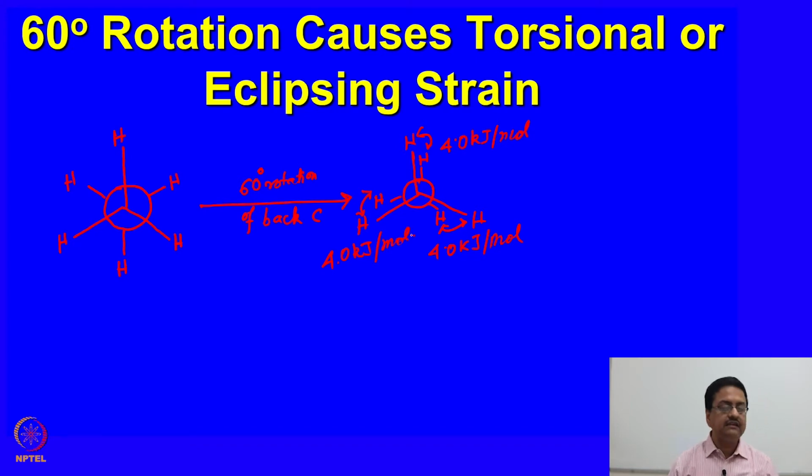Which essentially means that this eclipsed conformation is 12 kilojoules per mole higher in energy than this one. So, if we assume this one to have the lowest energy, 0, the other one has an energy 12 kilojoules per mole higher.